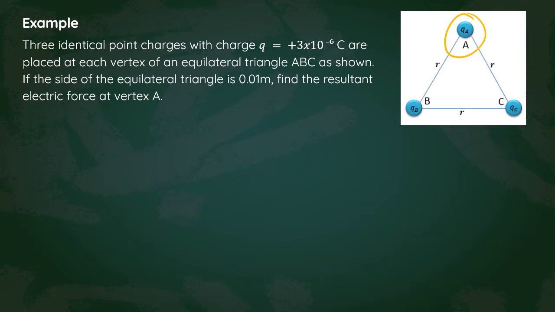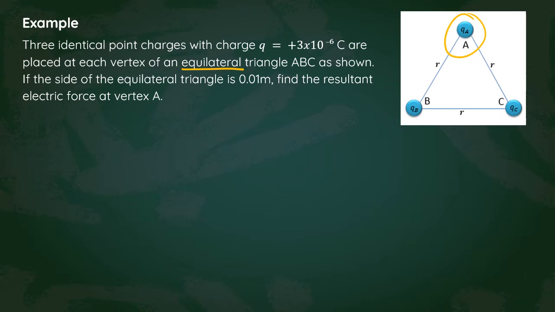Now, it's mentioned in our problem that it's an equilateral triangle. So we should remember that an equilateral triangle has the same length on all sides and it also has the same angle for all of its vertices. So we must remember that.